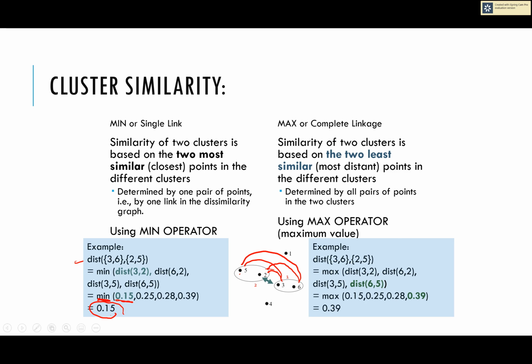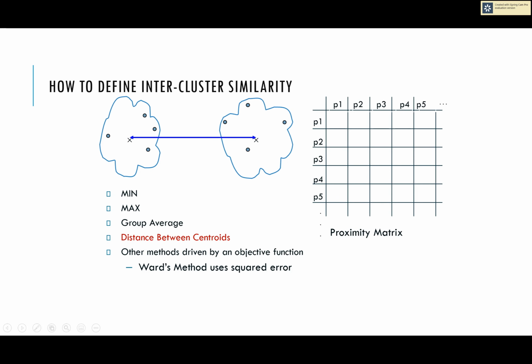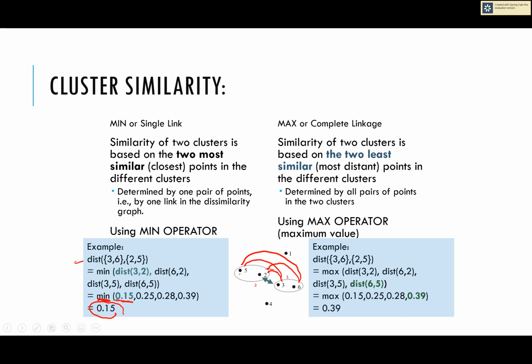What if we use maximum or complete linkage as how to determine the intercluster similarity, okay? So when we say that we use maximum, meaning that the similarity of two clusters is based on the two least similar, or the two most distant points in different clusters.